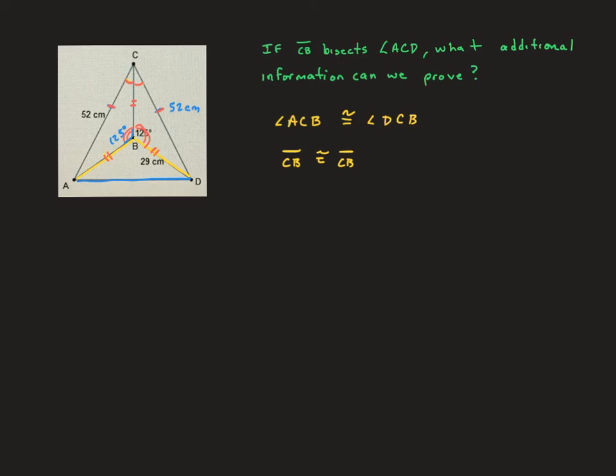So if that's the case, I should be able to prove then that triangle ABC is going to be congruent to triangle DBC.